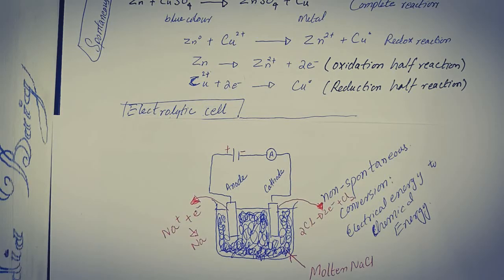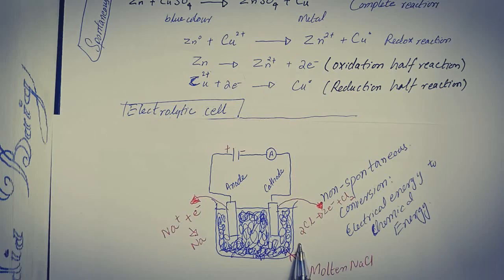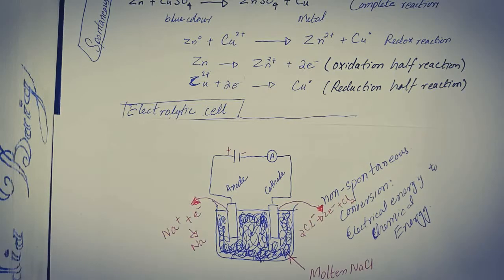In this kind of cell, the sodium ions from the molten sodium chloride are being reduced to sodium metal, whereas at the surface of the anode the chloride ions from the molten sodium chloride salt, which generate sodium and chloride ions, are being oxidized.